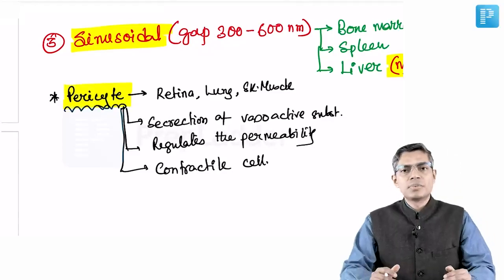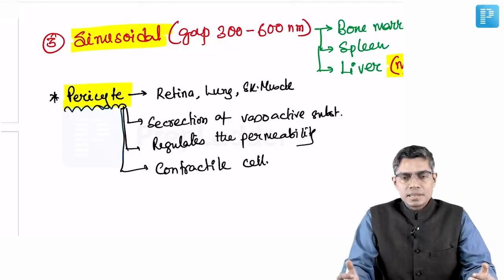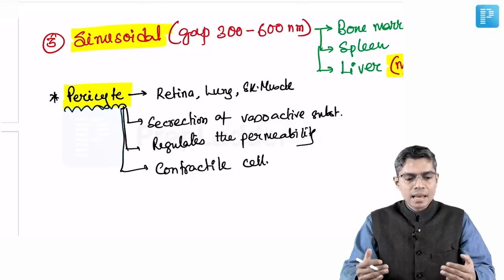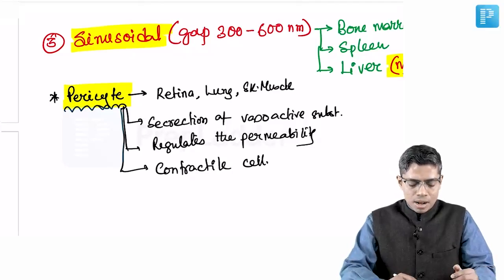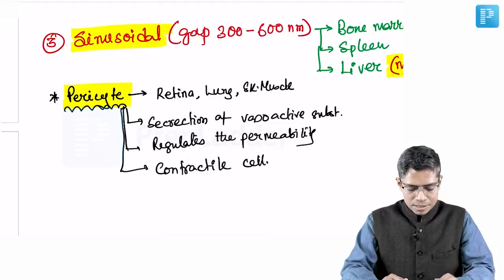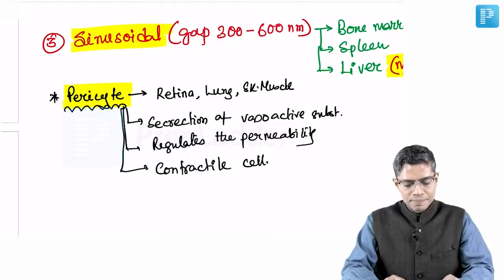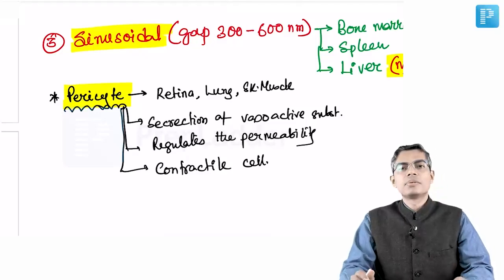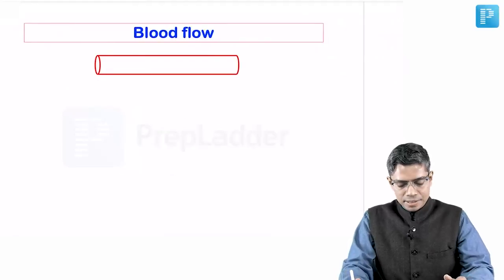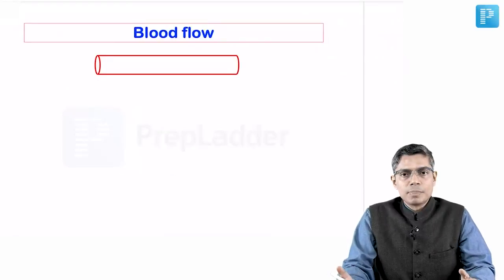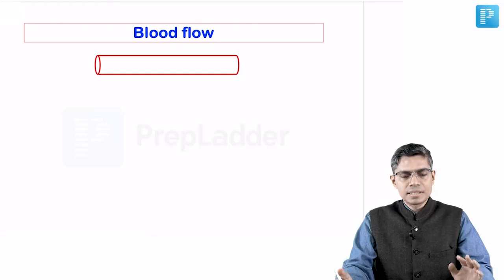So now we came to know about different types of blood vessels, different types of capillaries, and pericytes. After knowing all this basic part, we are going to discuss the next part of hemodynamics, that is blood flow within the vessels. So how to calculate the blood flow within vessels? Very simple.